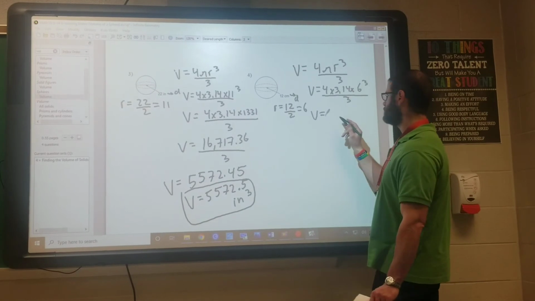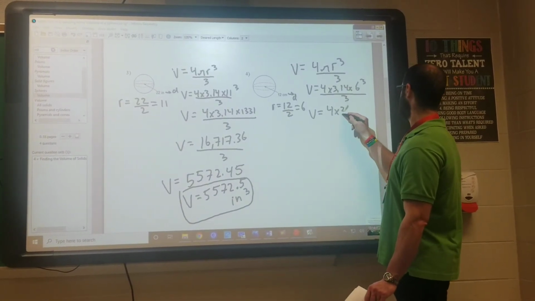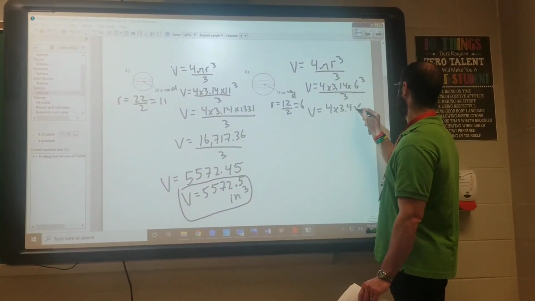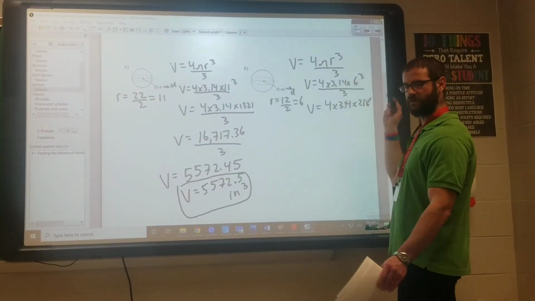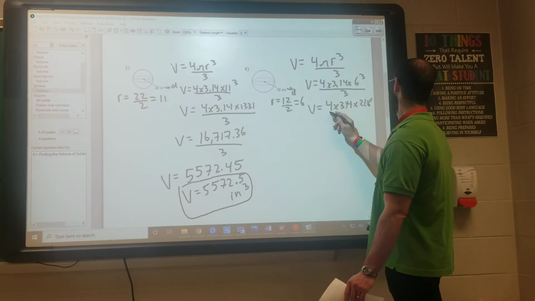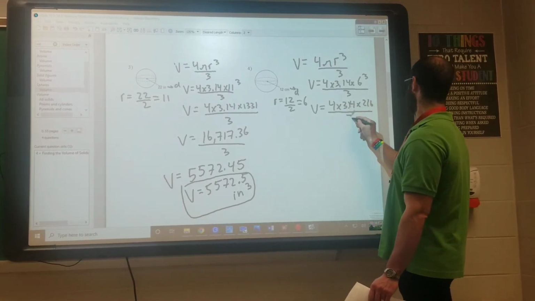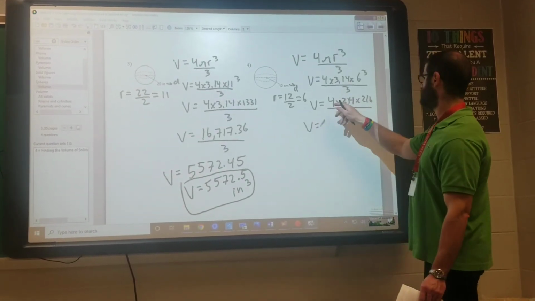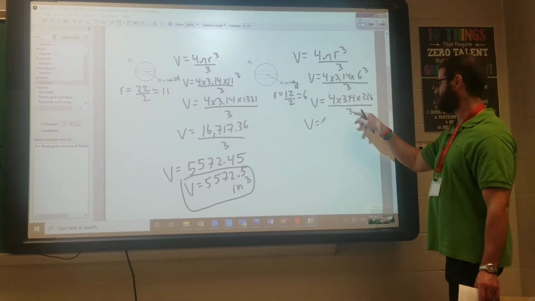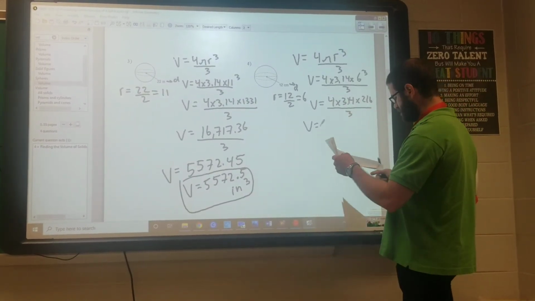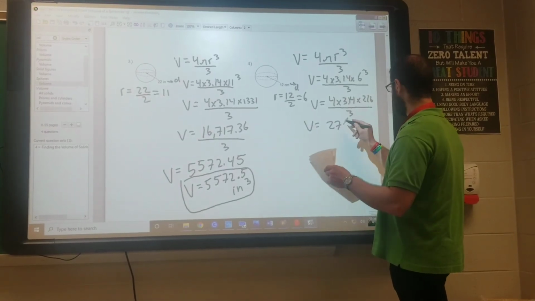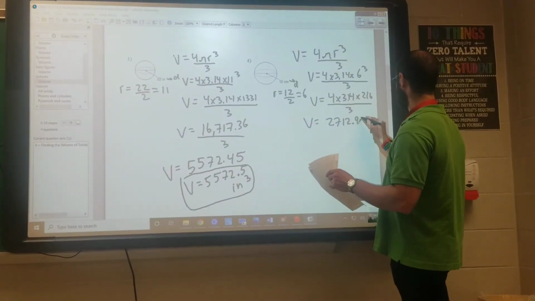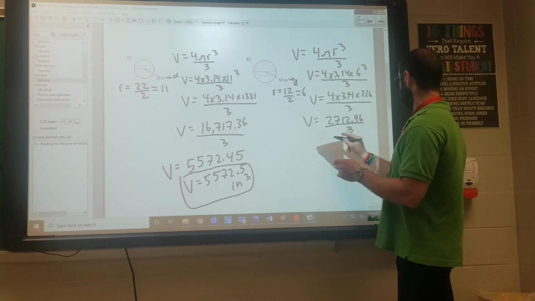So volume equals 4 times 3.14 times 216, which is 6 to the third power, divided by 3. So we need to go ahead and multiply the numbers on top first before we divide. So when I multiply those, I get 2712.96 over 3.